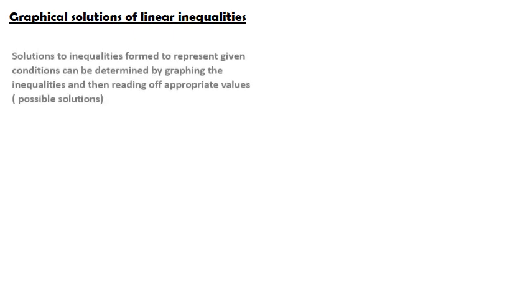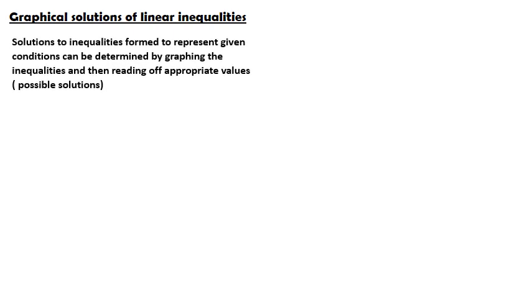I therefore have to say the following points before we start on showing the solutions of linear inequalities graphically. Solutions to linear inequalities formed to represent given conditions can be determined by graphing the inequalities and then reading off appropriate values.